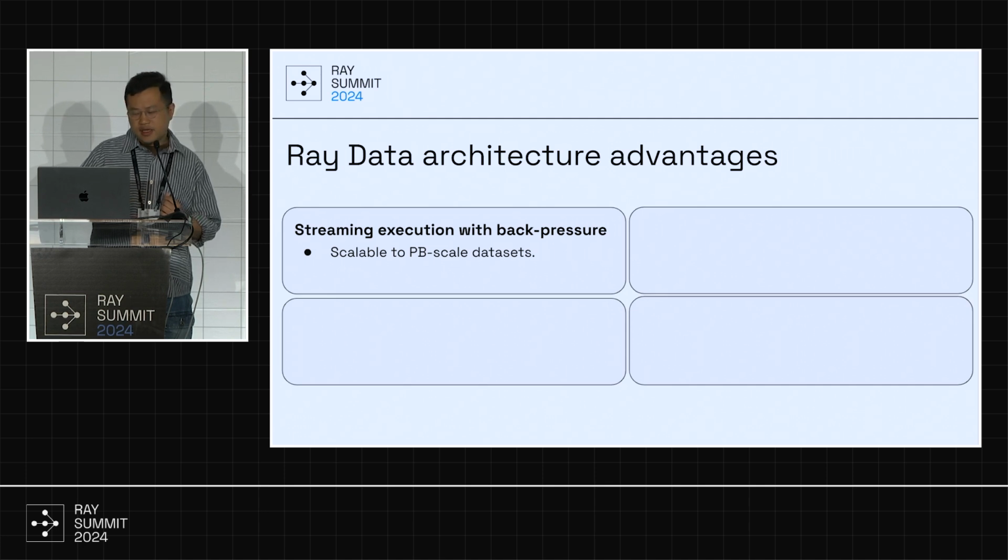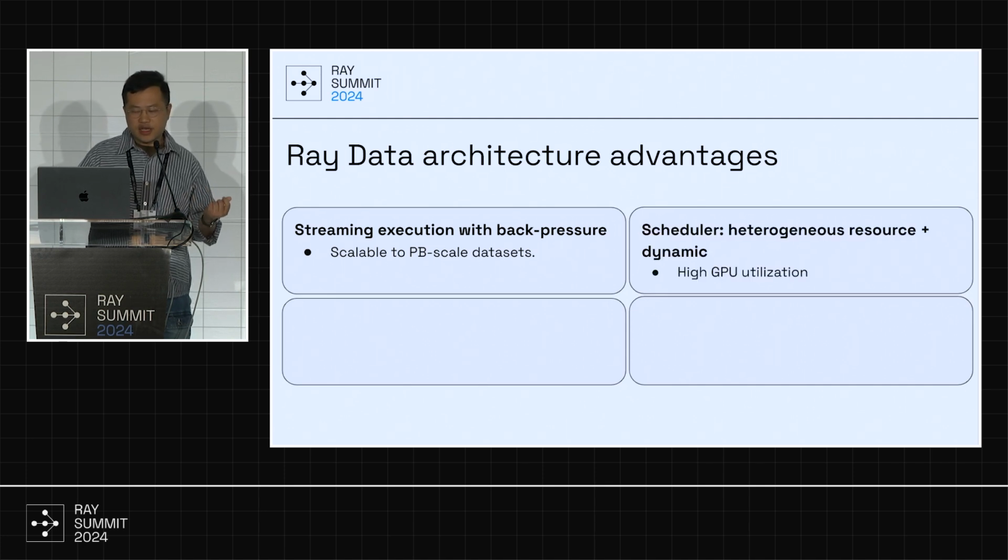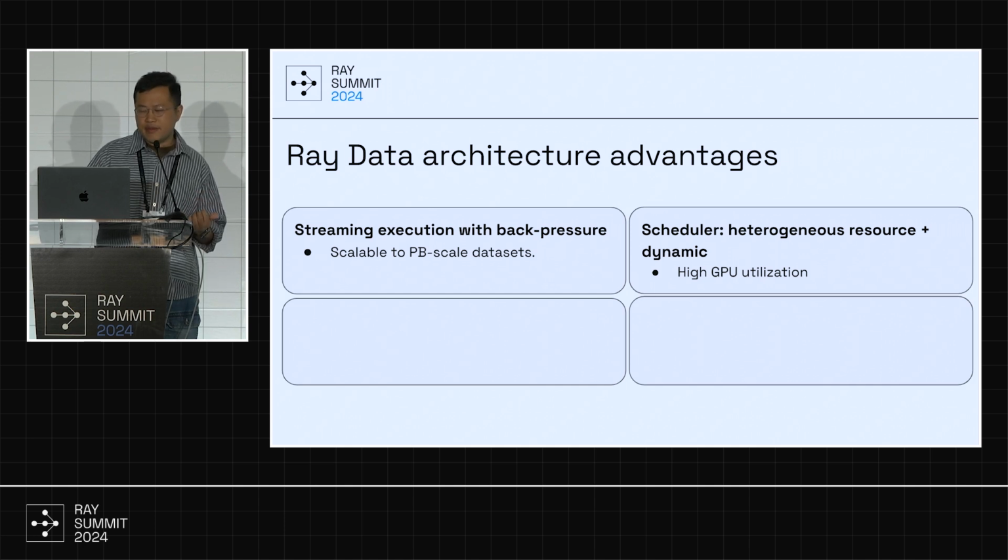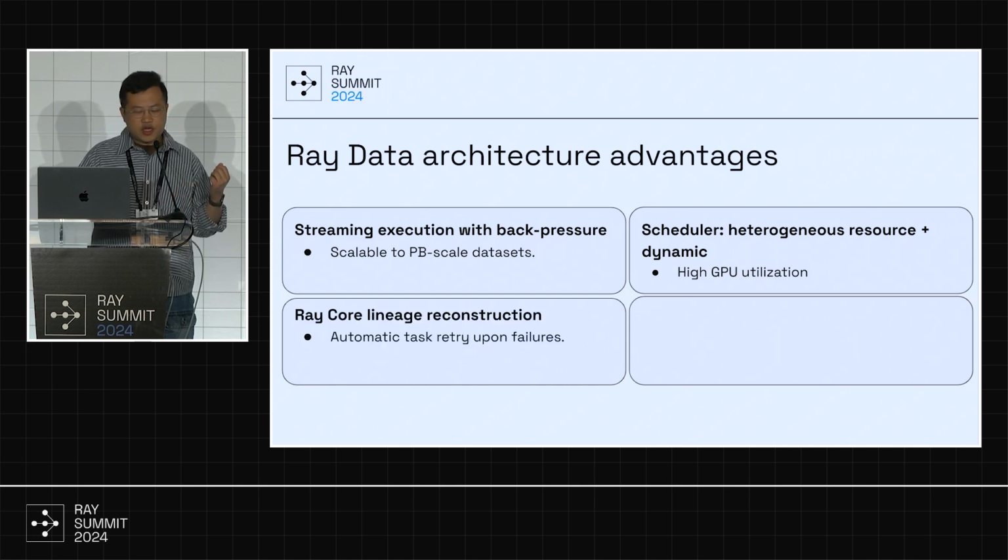Secondly, thanks to heterogeneous resource scheduling and dynamic task scheduling, Ray Data can fully utilize all the GPU resources in the cluster. And thirdly, because Ray Data is built on top of Ray, we leverage Ray's lineage reconstruction feature to handle failures. Basically, when a task crashes in the middle of execution, this feature will automatically resubmit the task.